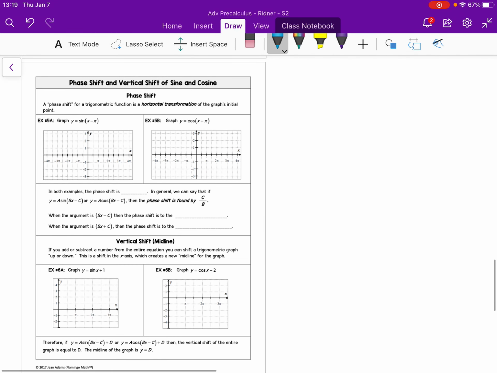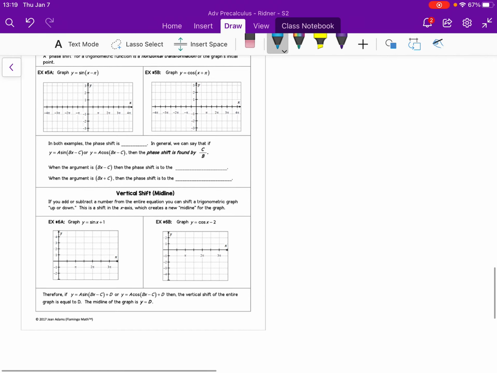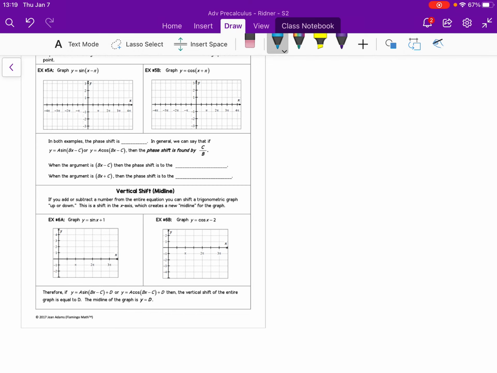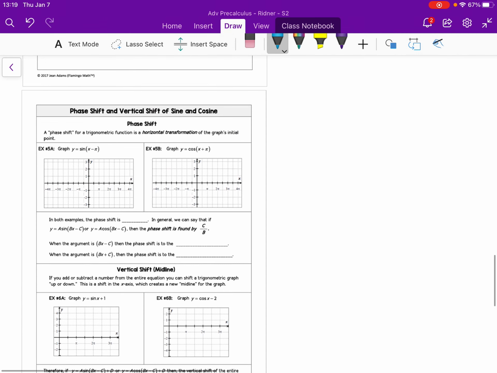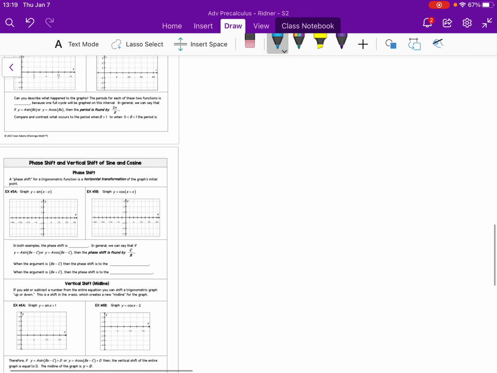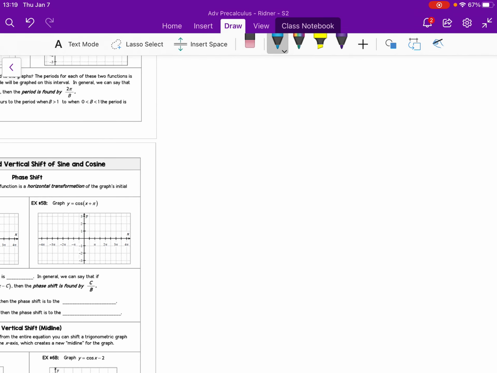We're going to talk about phase shifts, which are also known as horizontal shifts. If you remember Algebra 2, going left, right, up, down. So the horizontal is now called phase shift. Vertical shift is up and down. And then we will do some practice for sine and cosine. So I shall see you soon in class.